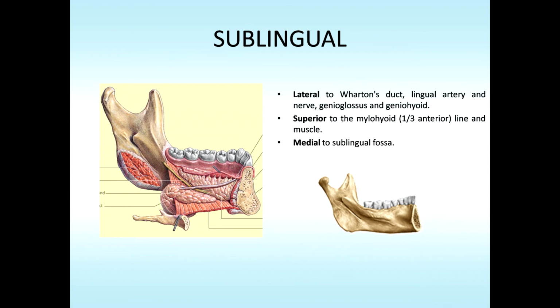Now, let's talk about the location and the relationships of the sublingual gland. Regarding its location, it is lateral to the Wharton's duct, the lingual artery and nerve, and the genioglossus and the geniohyoid muscles. It is superior to the mylohyoid line and muscle, and is medial to the sublingual fossa of the mandible.